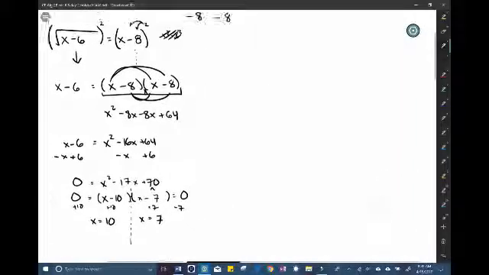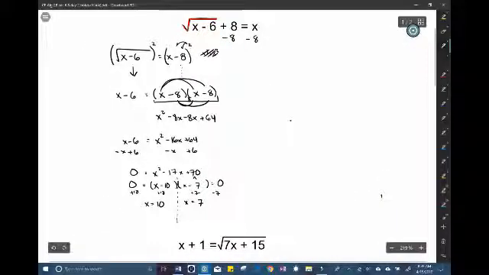Now, with these ones, we said last time you need to check for extraneous solutions. So check for non-solutions, or extraneous we call them. You want to try both of them. So we are going to substitute back into the original equation.